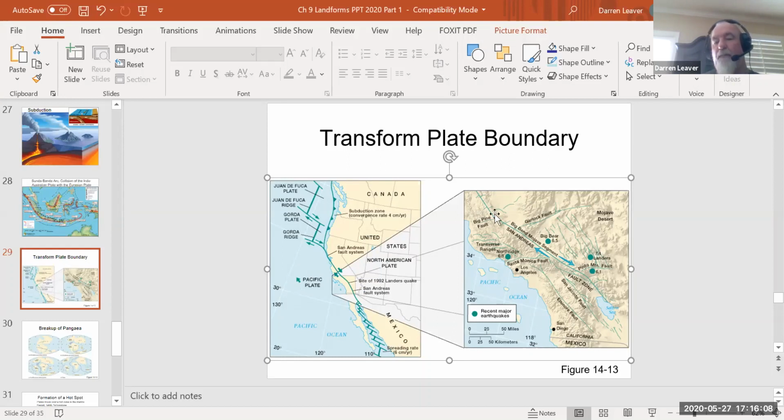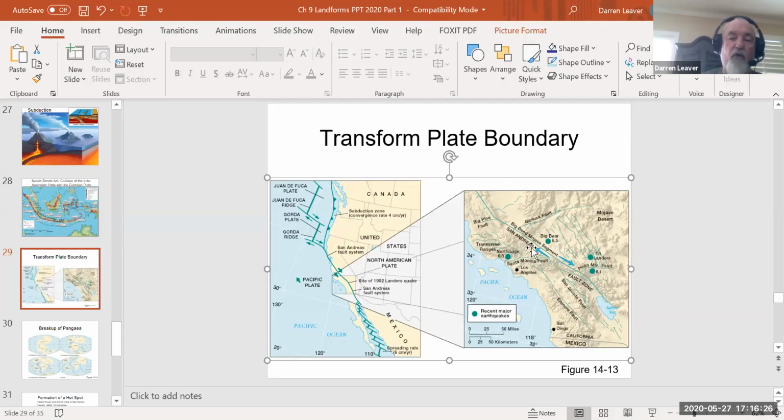So the line that separates the two plates runs right across here. Glendale is right around here where the cursor is. If we go to the east, we see that line called the San Andreas Fault running down from the Palm Springs area all the way up through San Francisco and beyond.